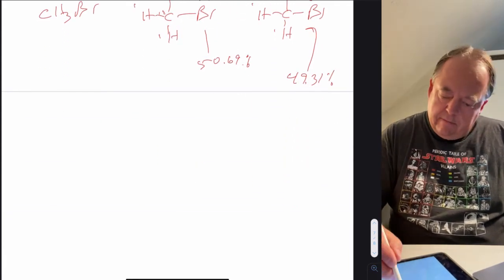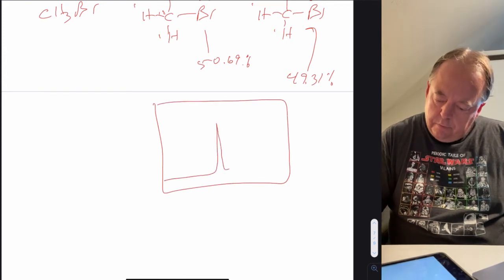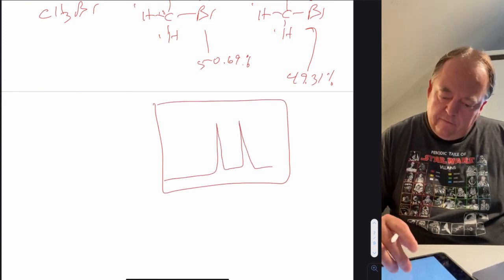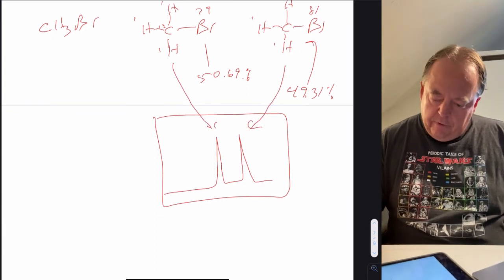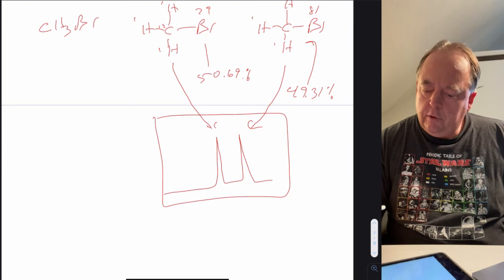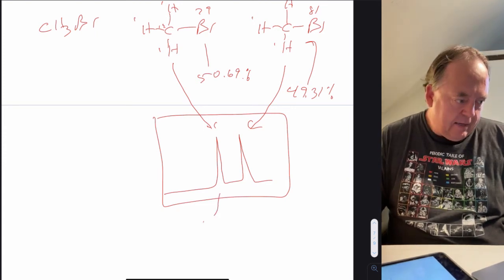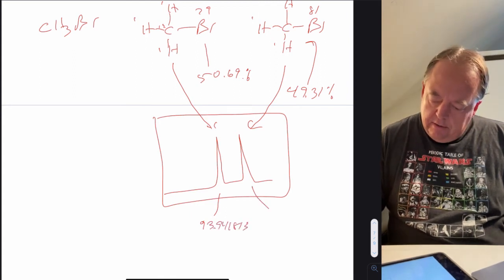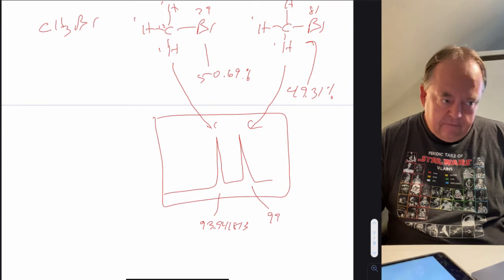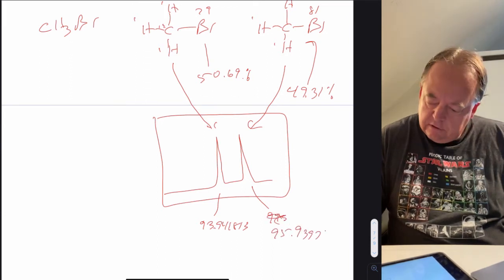So if you did the mass spec on this, what you would see is two peaks, one for this molecule and one for that molecule, and they would be about the same height because the 2 isotopes of bromine are in about a 1-to-1 ratio in nature. This would be at a mass of 93.941813, and this would be at a mass of 95.939766.